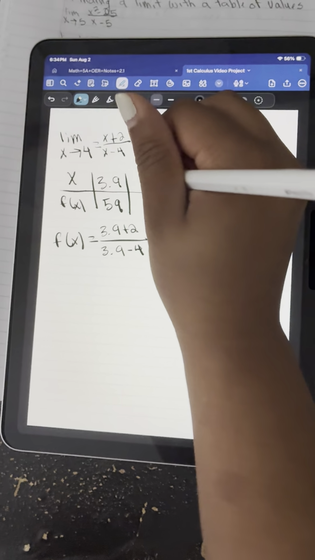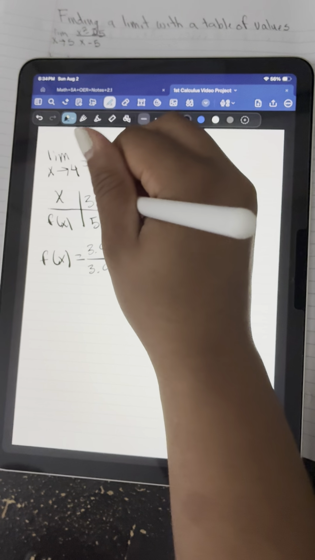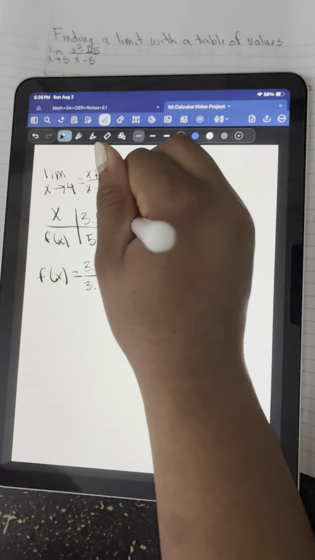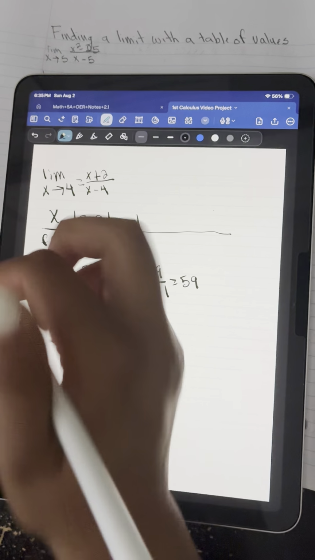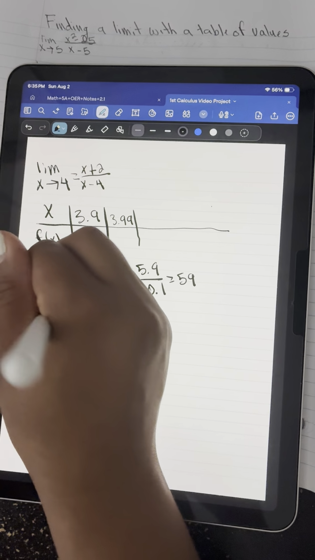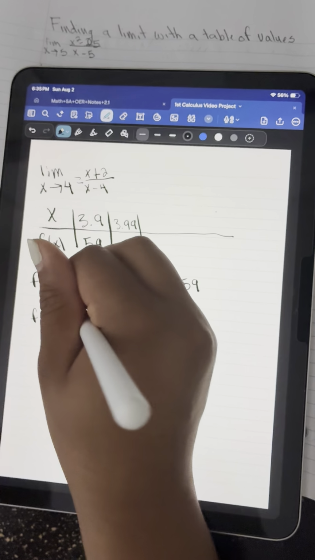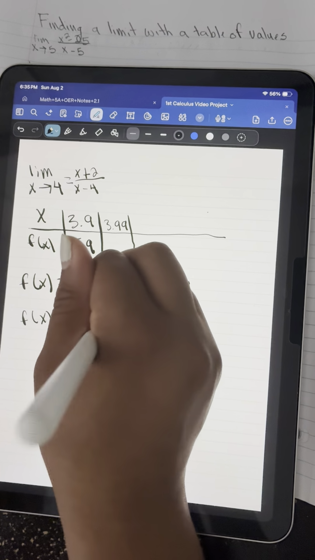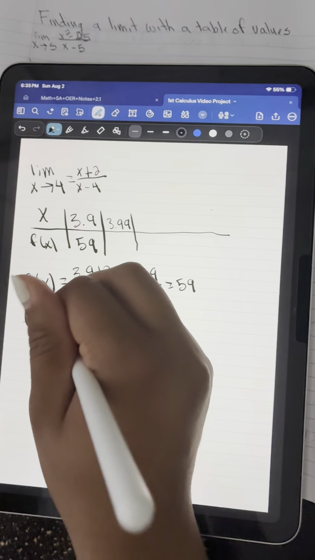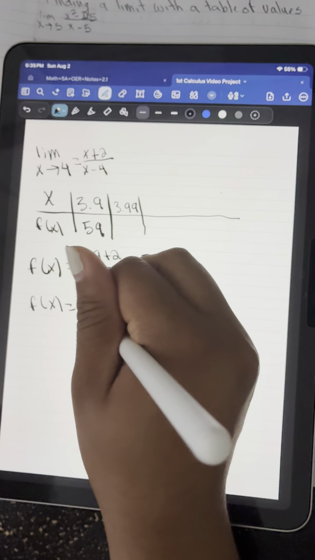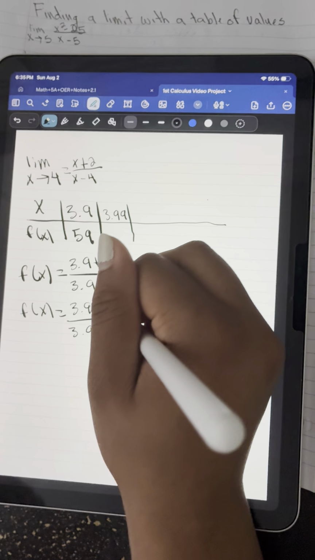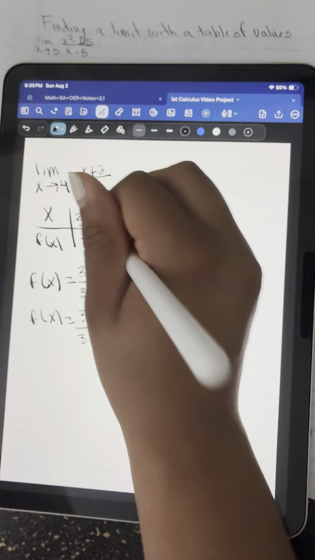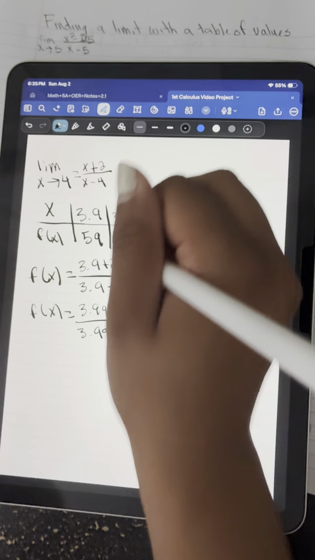Then the next number that I'm going to use is 3.99, plus 2 over 3.99 minus 4, which equals negative 599.